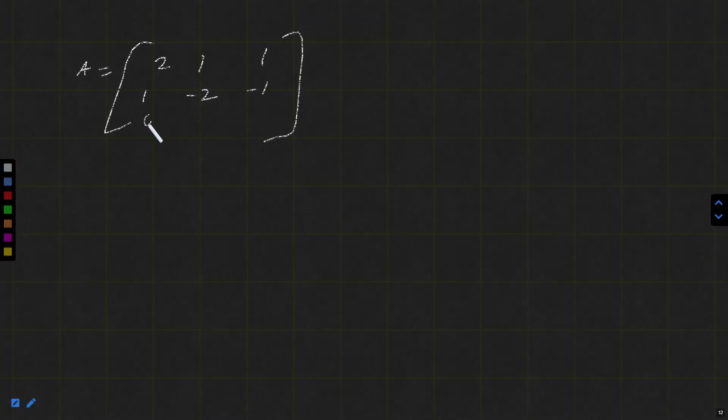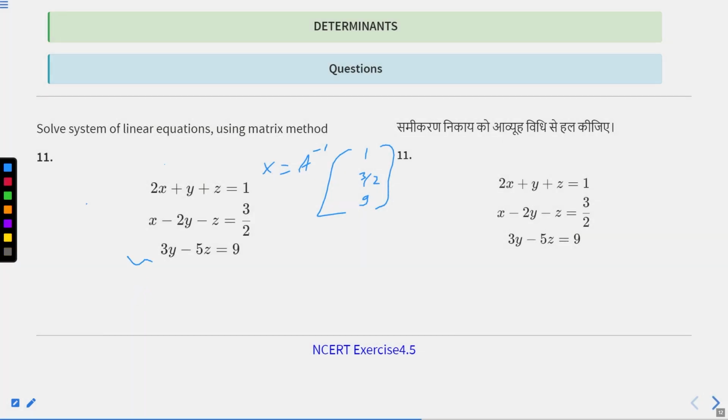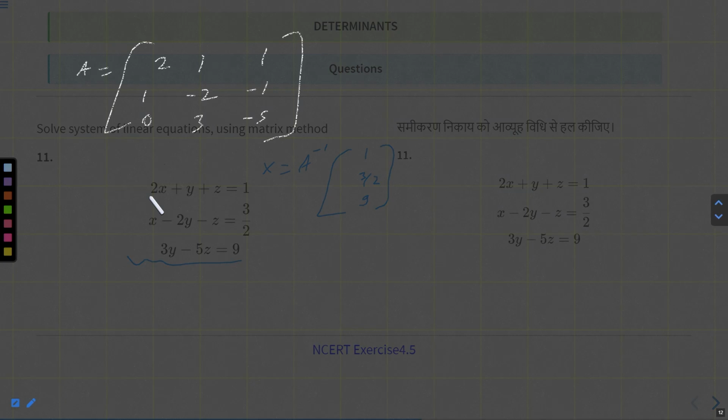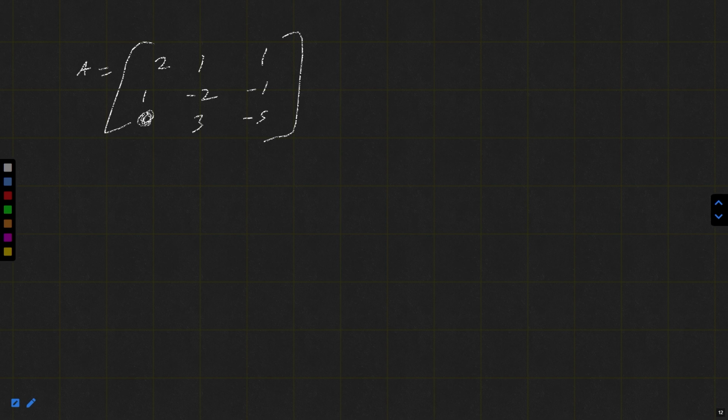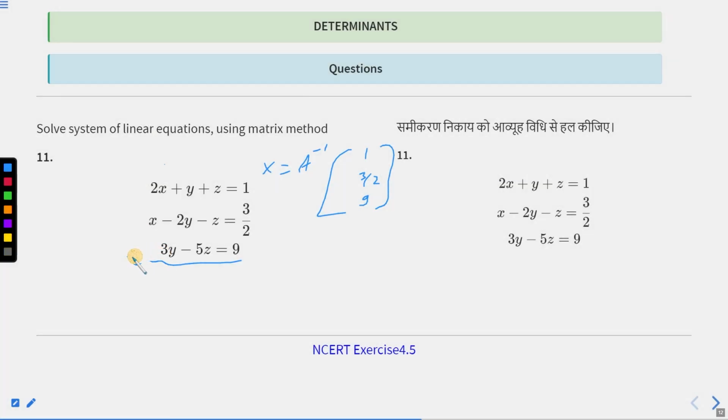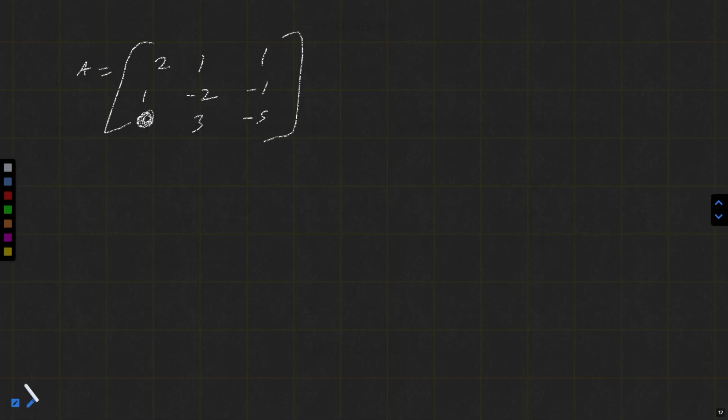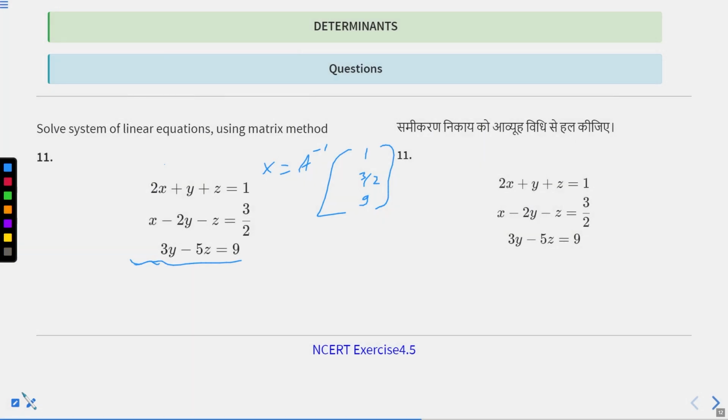Okay, so in any of the given equations, if you do not find the variable, then put the coefficient as 0, as we have written over here. There is no x in here, this means 0x, then 3y minus 5z, as you can see.